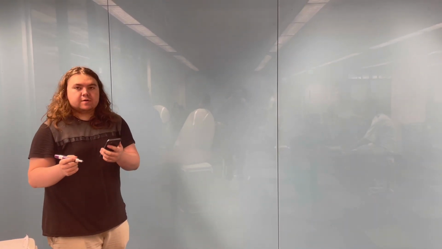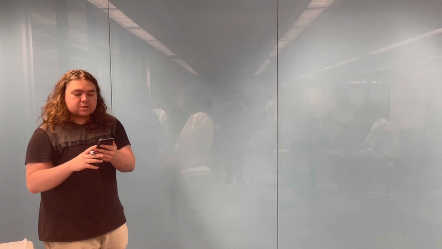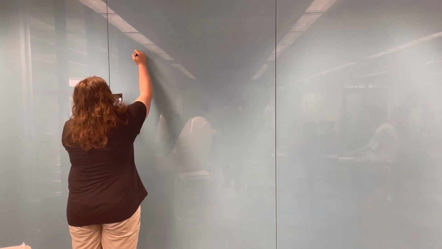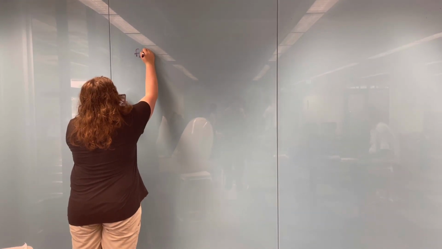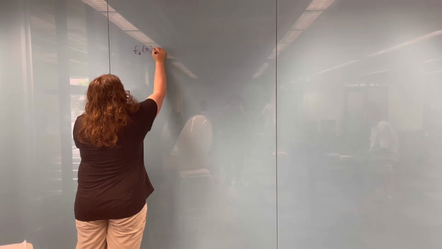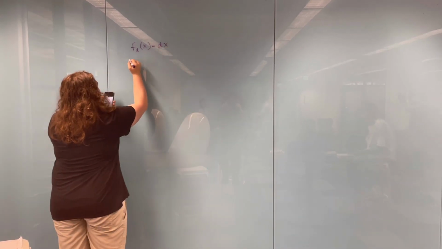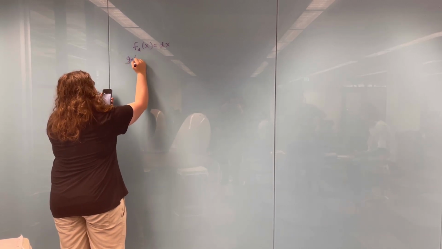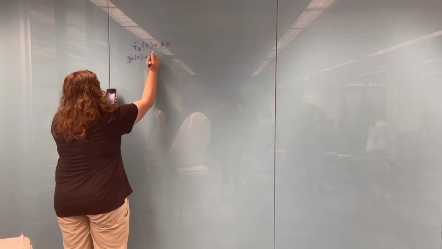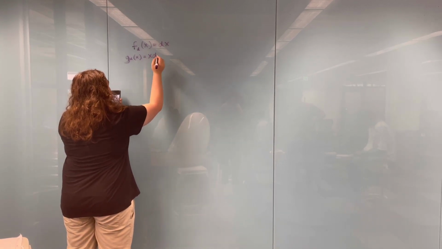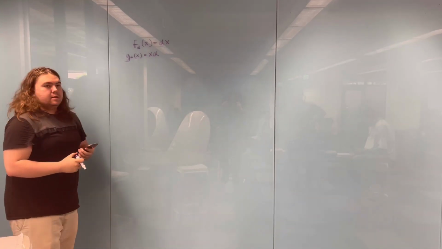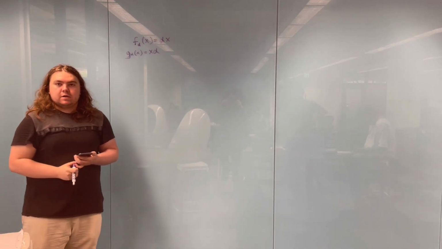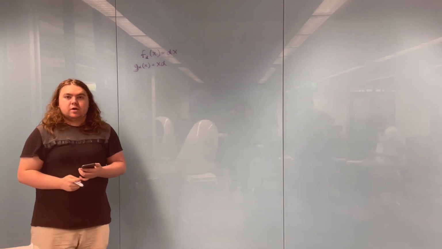Yeah. So in this problem, we've been given 2 functions and we've been instructed to show that they are homeomorphisms. So the functions we've been given are: F is multiplying by alpha on the left and G is multiplying by alpha on the right.